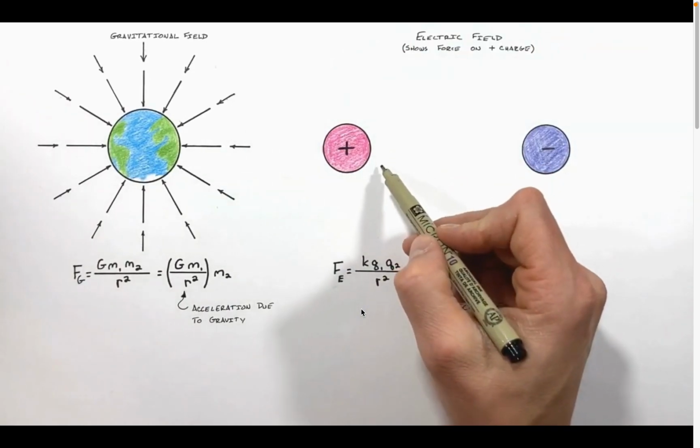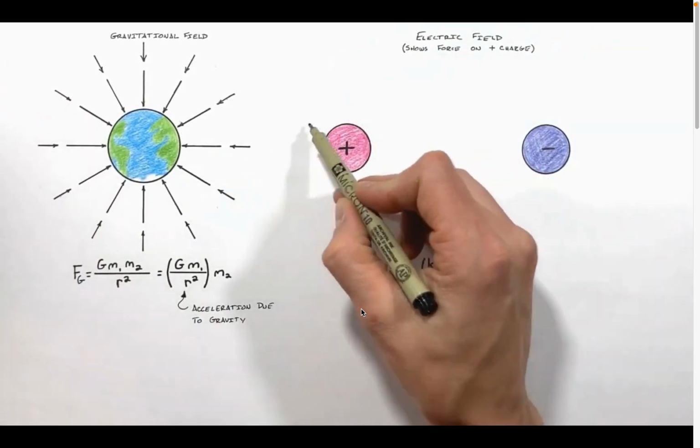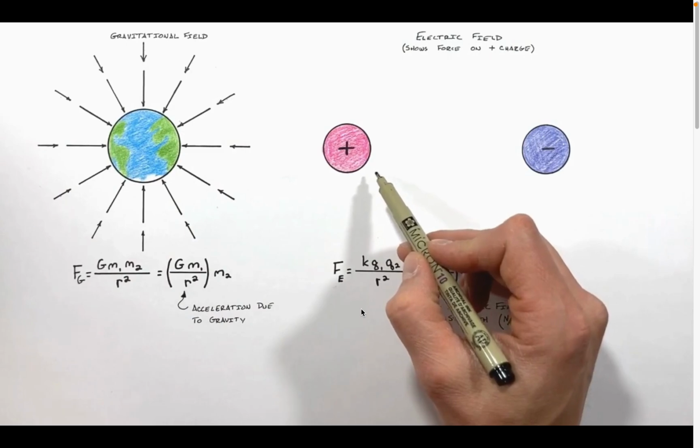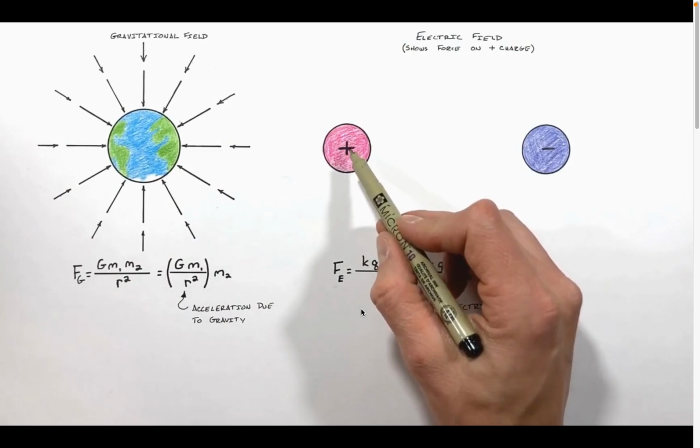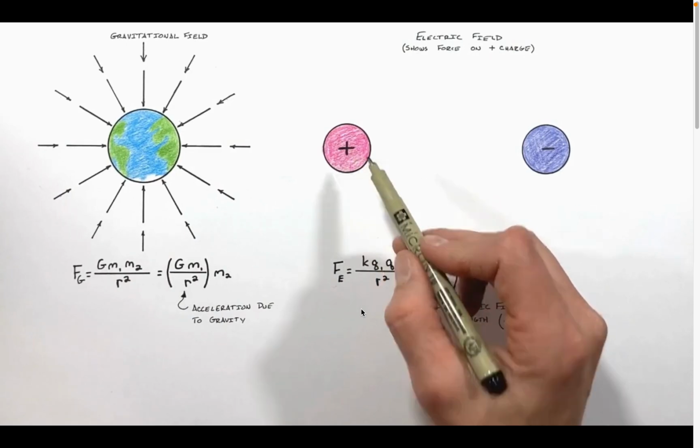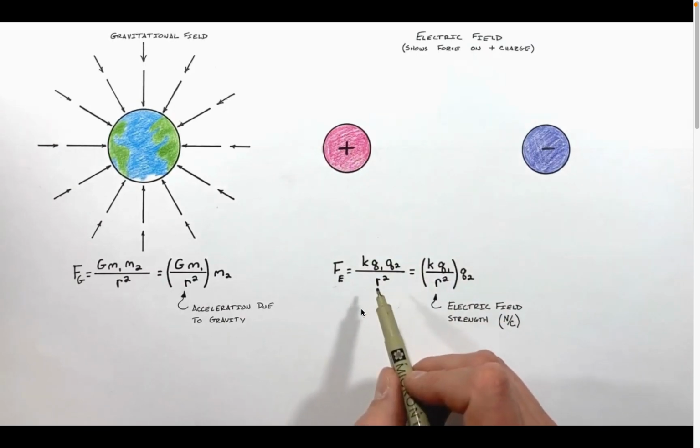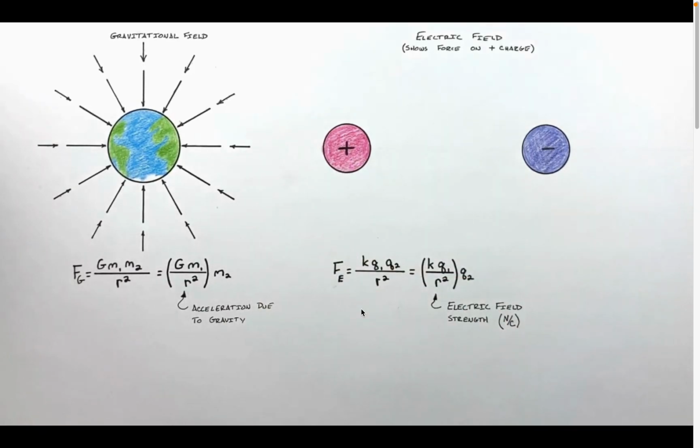So if we were to place a positive charge anywhere close to this larger positive charge, it would in turn be pushed away from this large central charge because, according to Coulomb's law, like charges repel.